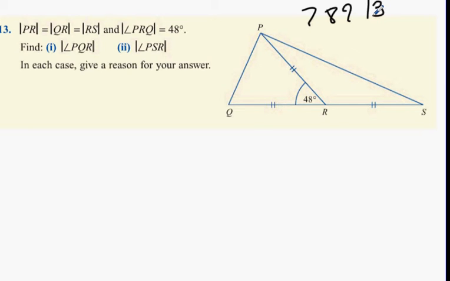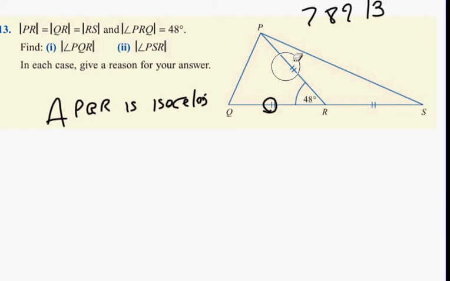Okay guys, can anyone in the class tell me what do these two signals here mean? They mean they're the same length, which means that the triangle PQR is isosceles, okay, which means that two angles have to be the same size. This means that this angle here is the same size as this angle here.